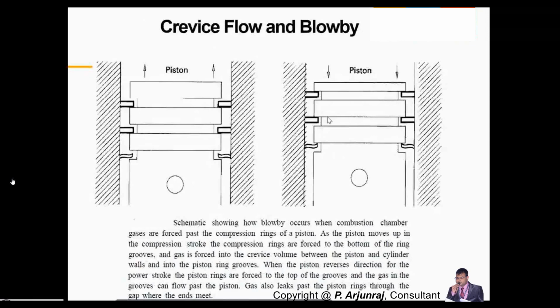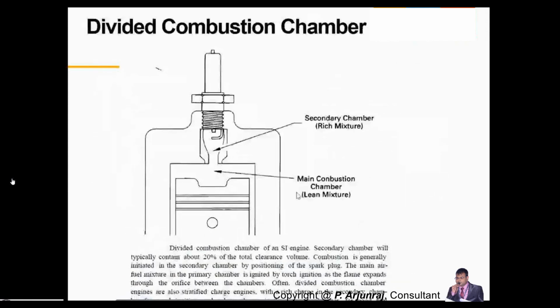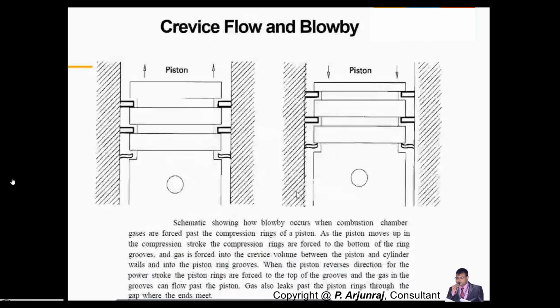When you reduce the blow by loss, your engine efficiency is also going to be higher. So to reduce the blow by loss, you need to design the combustion chamber in such a way that it has crevice flow, which is basically a flow that will ensure that you are not going to have blow by in your system.